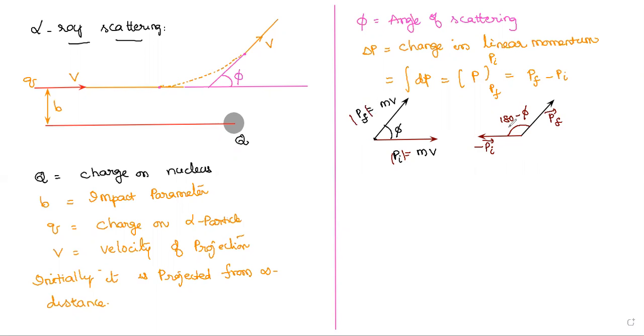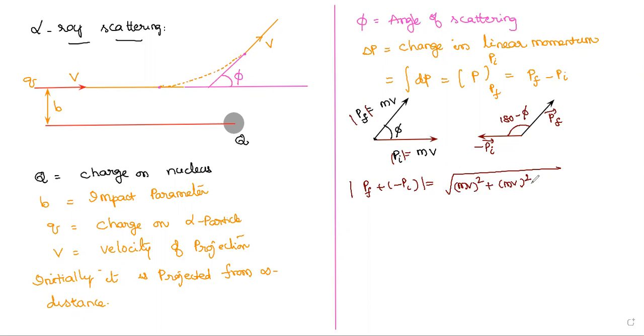So according to the parallelogram law of vectors, the addition of P final plus minus P initial has magnitude equal to root of mv whole square plus mv whole square. Both the magnitudes are equal here also.